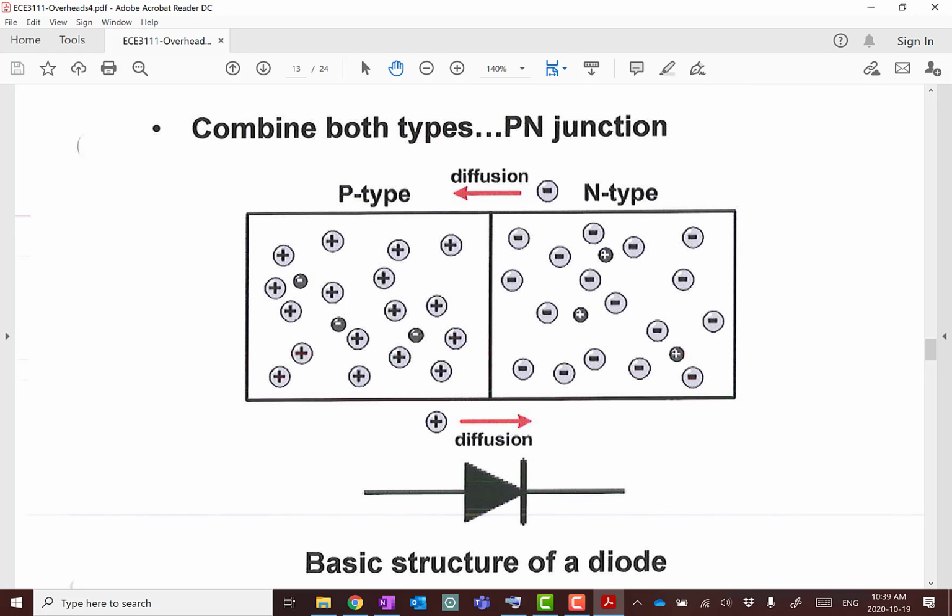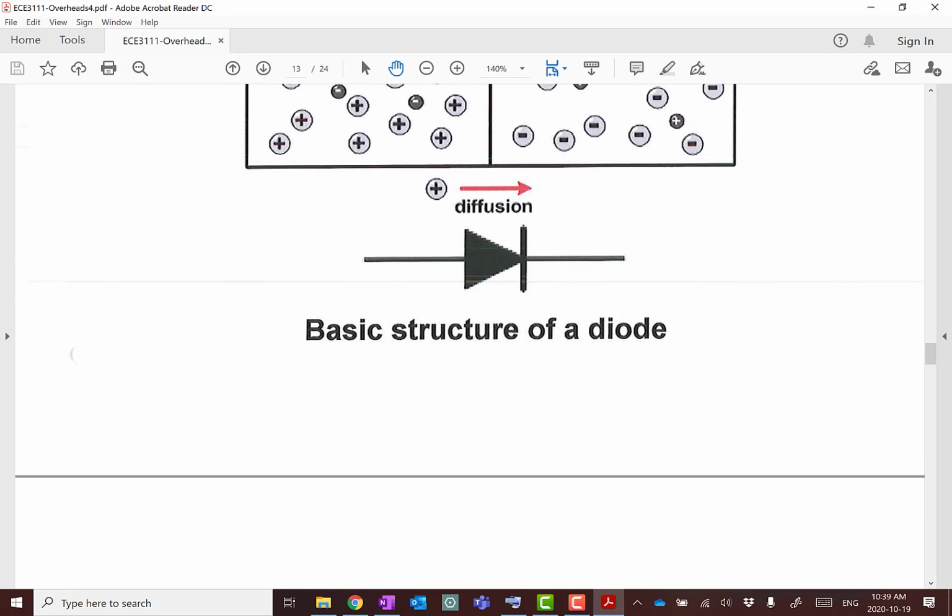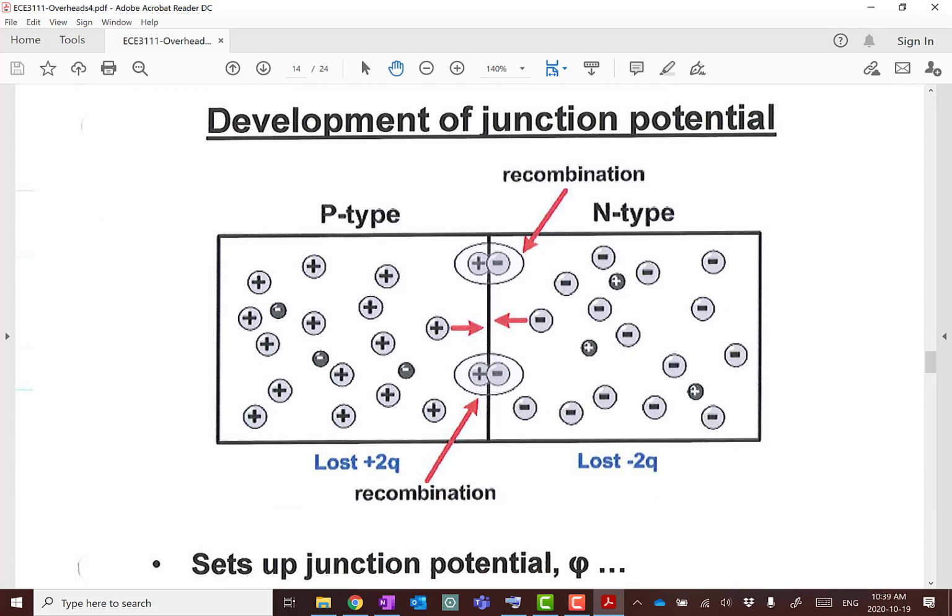Okay, and here when we join the two materials together, due to the concentration gradient that exists at the junction, the holes are going to want to diffuse to the right, as shown on the bottom of the diagram, and the electrons are going to want to diffuse to the left.